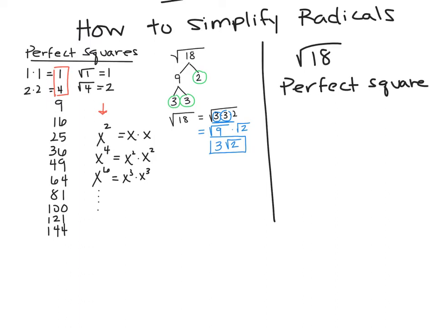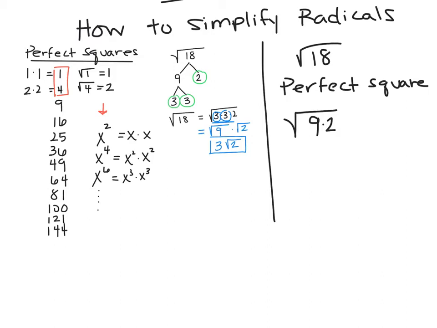I'm going to look at my list here. 1, of course, does. 4, does 4 go into 18? No. But 9 goes into 18 twice. So I'm going to rewrite the square root of 18 as the square root of 9 times 2.